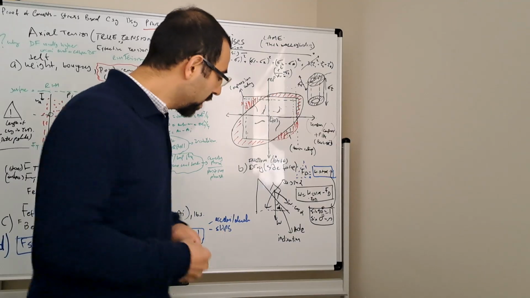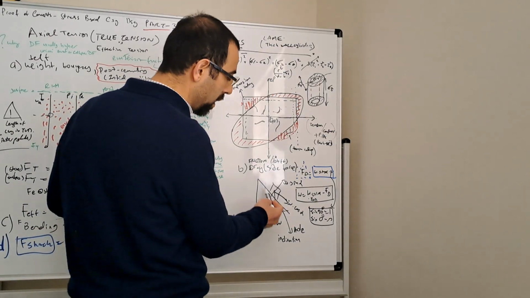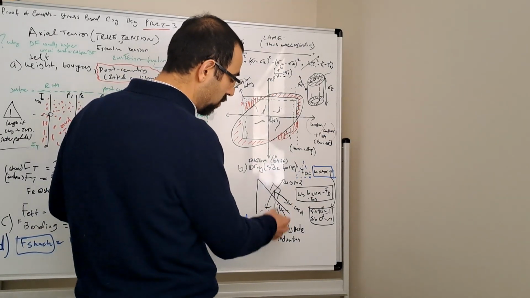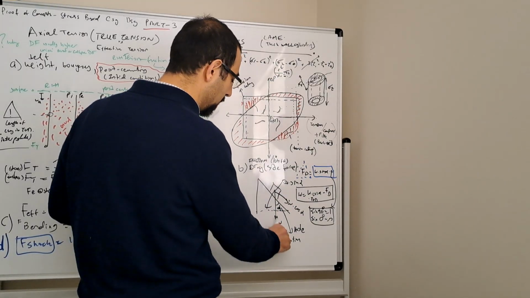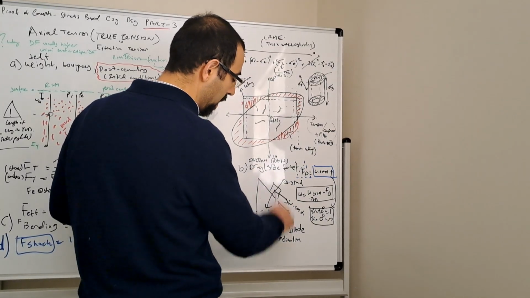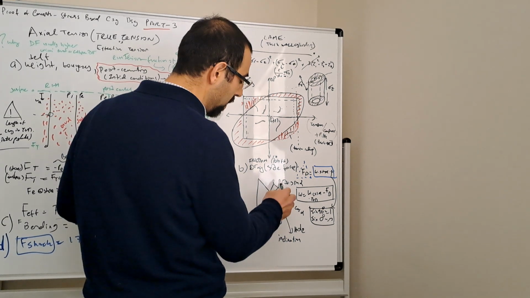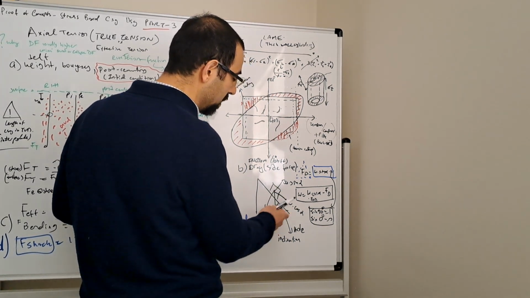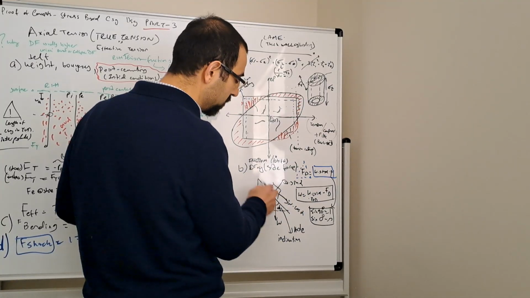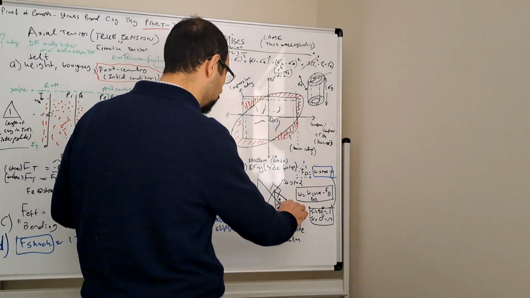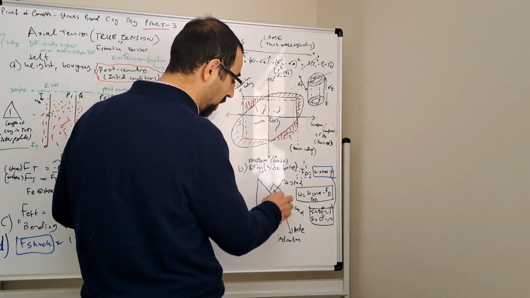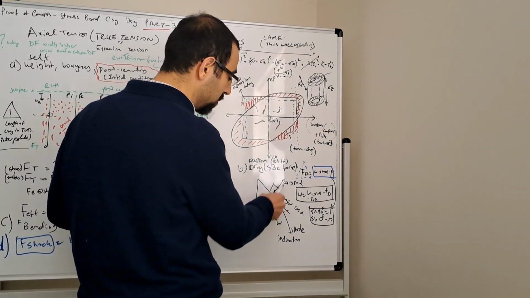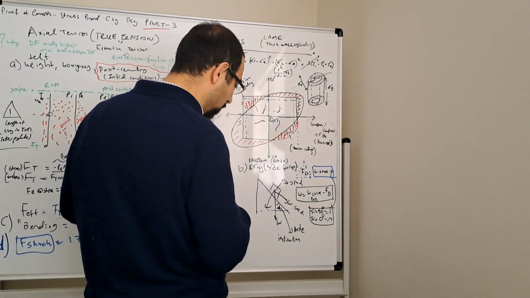So what's going to happen is you basically have this simple schematic where you have a block sliding down, let's say, and you have the weight in the direction of gravity, and then you have these two vectors coming in. One vector is parallel to the ground, let's say, and one of them is perpendicular to the surface.